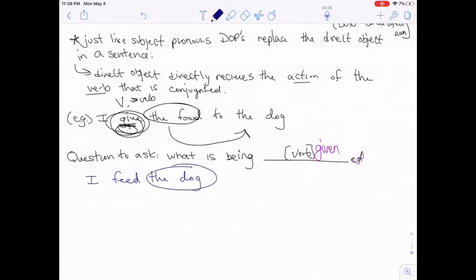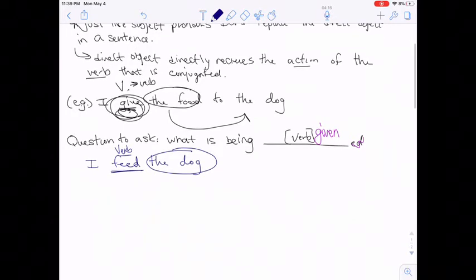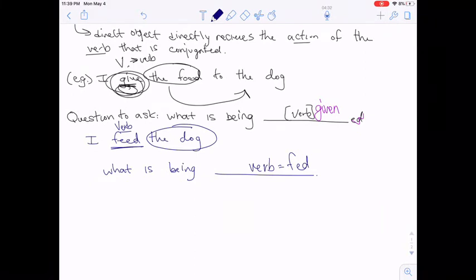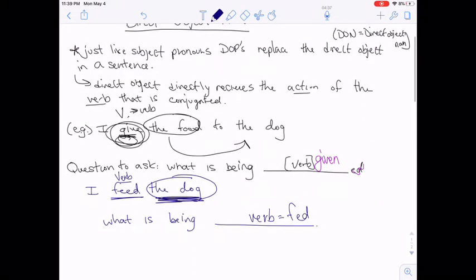So what is being, and we can write it in a different color, given. Well, the ED didn't really work there, did it? English is weird. So what is being given? If that sentence said, I feed the dog, it would be what is being fed. The dog would be the direct object in that sentence, in that case.